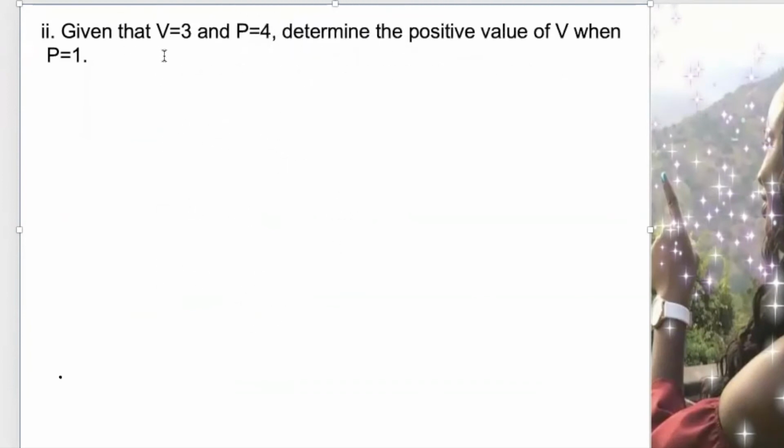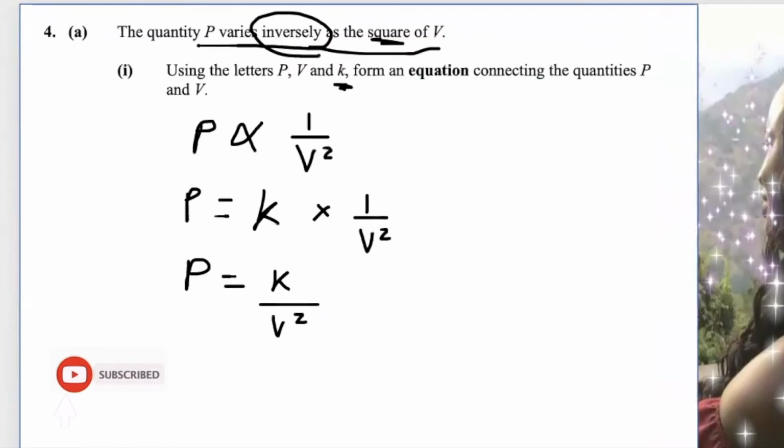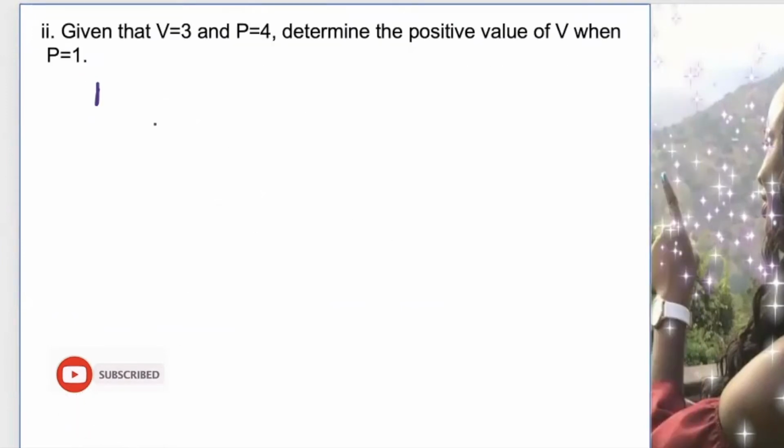The next question, we're given V equal 3 and P equal 4. We need to determine the value of V when P is equal to 1. So here we have the equation P is equal to K over V squared, which is from part 1.